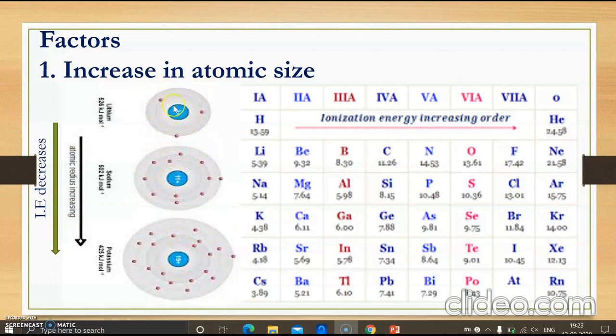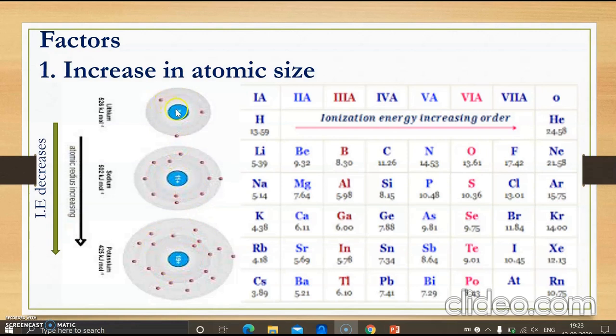Here, this is the nucleus having positive charge, and these are the valence shell electrons. We know that with each movement down a group, a shell is added: here the number of shells is 2, here 3, here 4, meaning the valence shell electron goes farther from the nucleus.